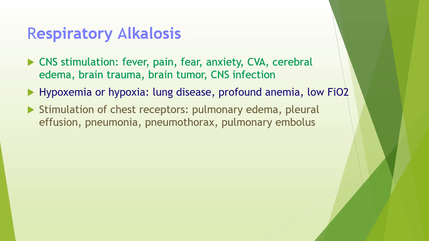Other conditions like hypoxia or hypoxemia, such as lung disease, profound anemia, low FiO2 situations. Even in chest receptor stimulation, like disease conditions like pulmonary edema, pleural effusion, pneumonia, pneumothorax, pulmonary embolus.